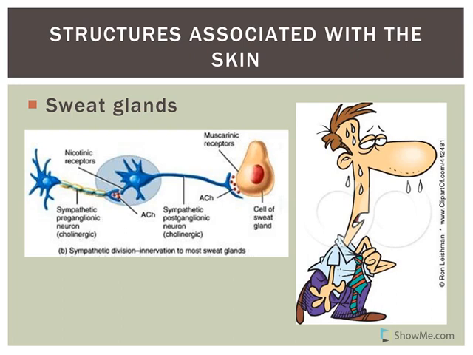Other structures associated with the skin are our sweat glands. So here's going to be a little different one. The fibers that innervate the sweat glands are not adrenergic. They're cholinergic. So the postganglionic neurons release acetylcholine onto the sweat glands, and the receptors are muscarinic receptors.